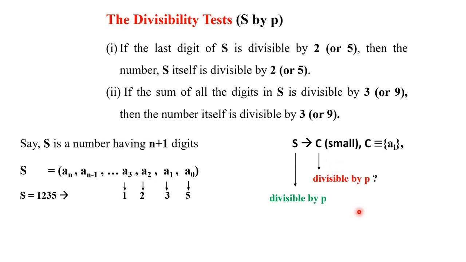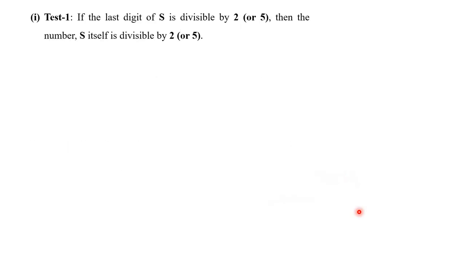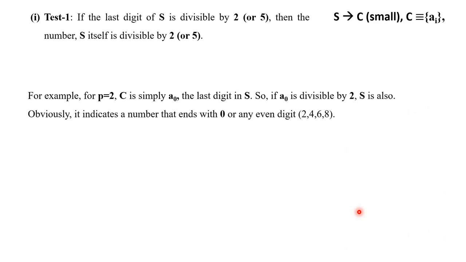Well, in that spirit, if we look back at test 1, what is C in case of P equal to 2? The rule says the last digit. That means C is nothing but the last digit itself, A0.